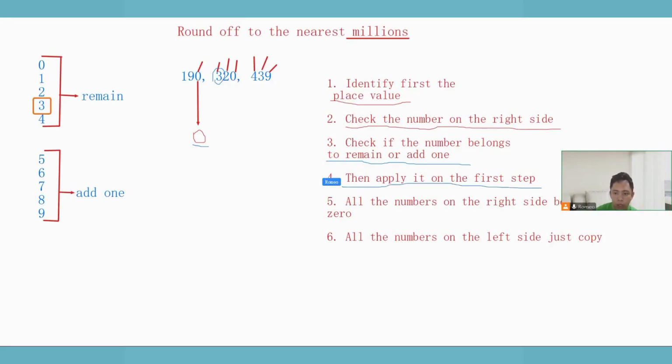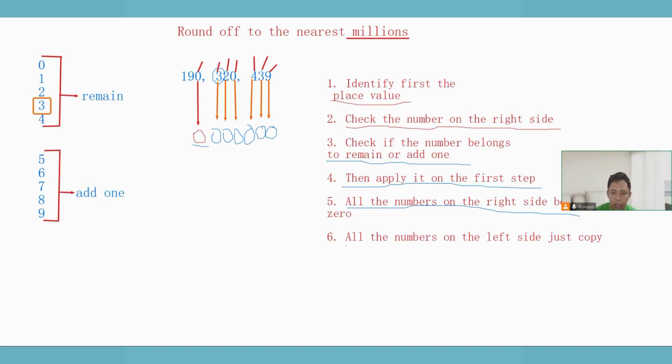We're done applying the first steps. Then for the fifth step, all the numbers on the right side become 0. What are the numbers on the right side? The 3, 2, 0, 4, 3, 9. All those numbers will become 0. So let's write it down: 0, 0, 0, 0, 0, and 0.